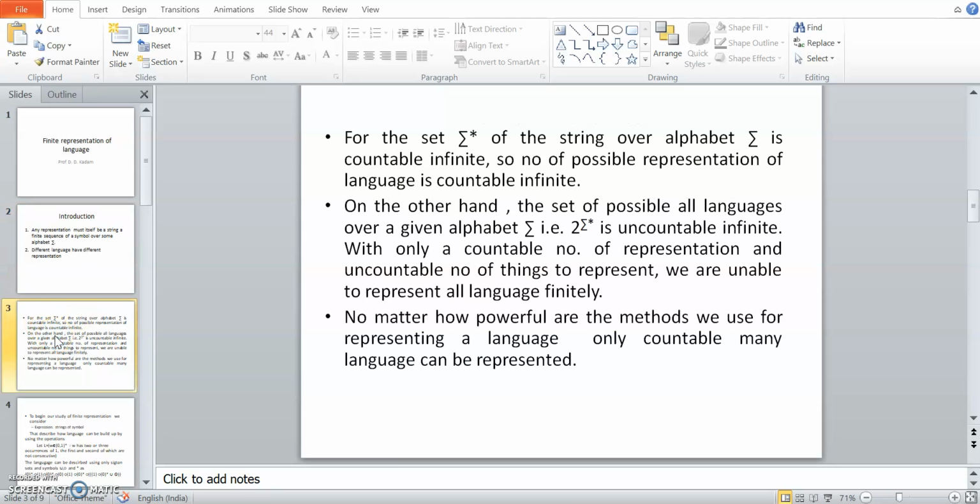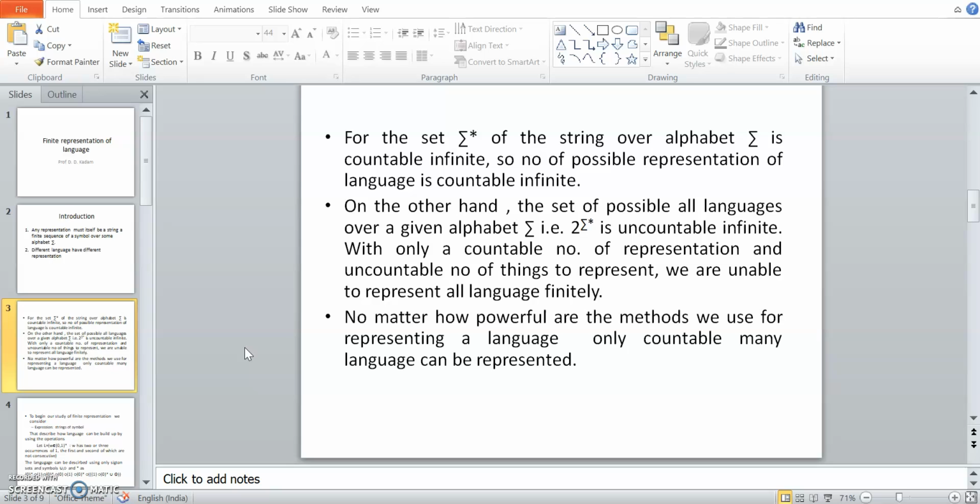For a given alphabet set sigma, sigma star, the set of strings over the alphabet, is countably infinite. So the number of possible representations of a language is countably infinite. On the other hand, the set of all possible languages over a given alphabet set sigma, that is the power set of sigma star, is uncountably infinite.